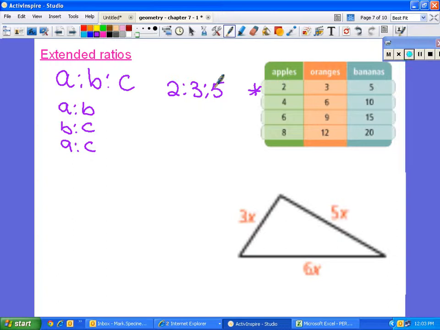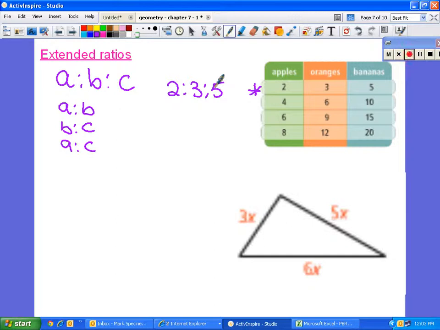Okay? What that means is, for every 2 apples that I have, I have 3 oranges, and I have 5 bananas. And what's nice about a ratio is everything stays the same.